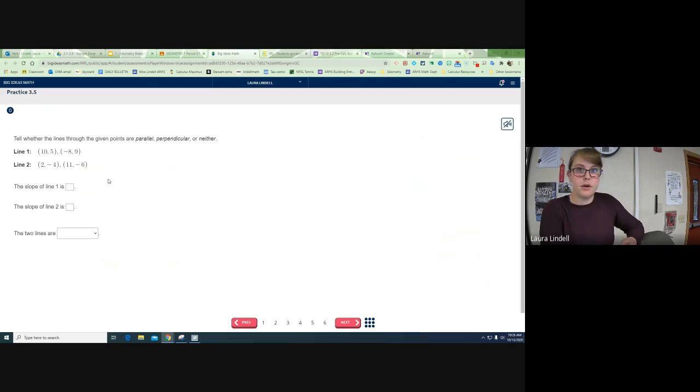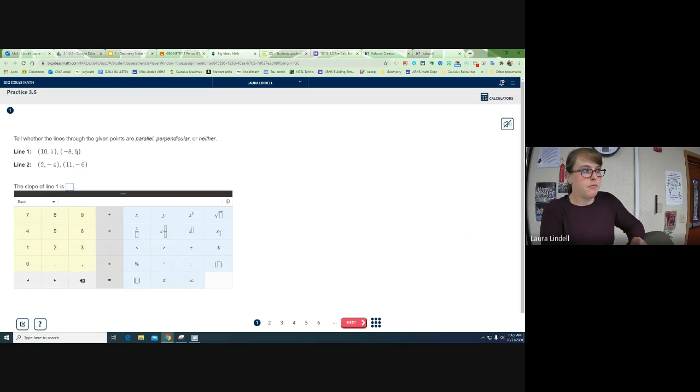All right, so the first one is a review a bit from yesterday. It's finding the slope of each of these lines and then deciding if they are parallel, perpendicular, or neither. Okay, so remember, finding slopes, we subtract the y values on top, we subtract the x values on the bottom. So for the first one, the top number would be 9 minus 5, which is 4.